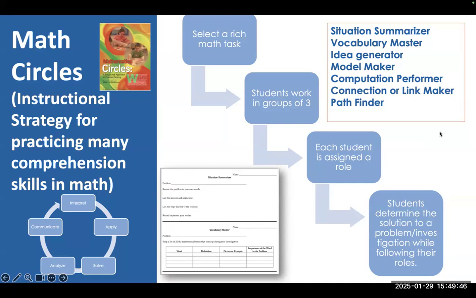And then provide multiple opportunities for students to engage in this instructional strategy or group problem solving using this format so that they can try out different roles. And the more they try the different roles, the more they are building their comprehension in different ways while investigating and trying problem solving processes like we see on the left.